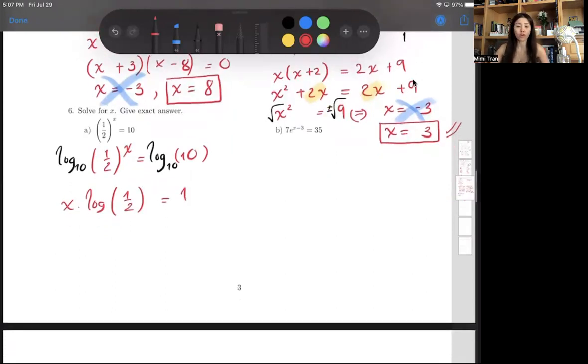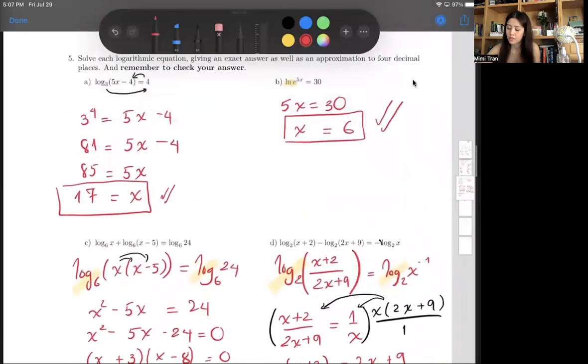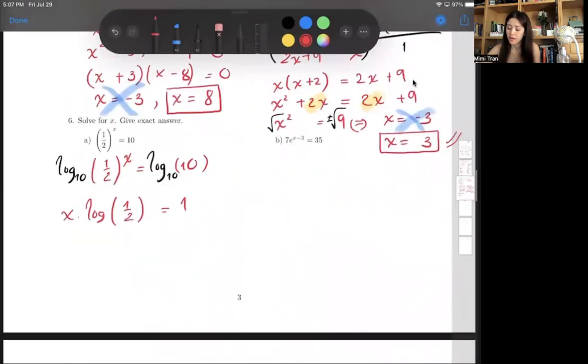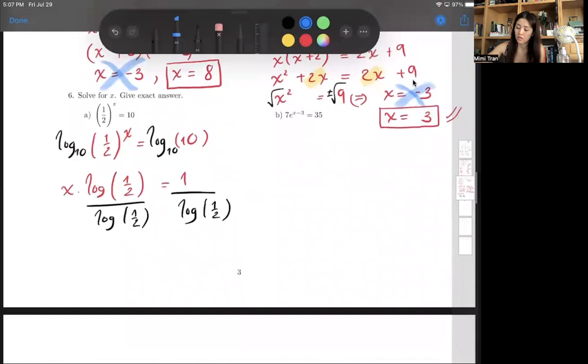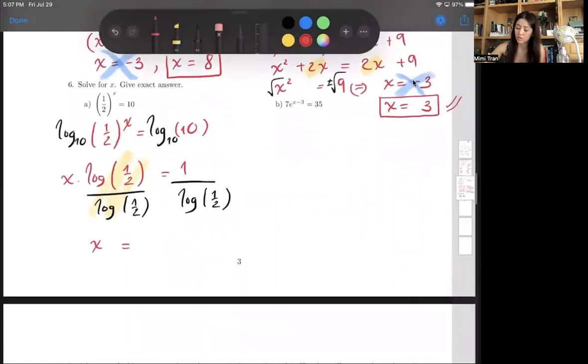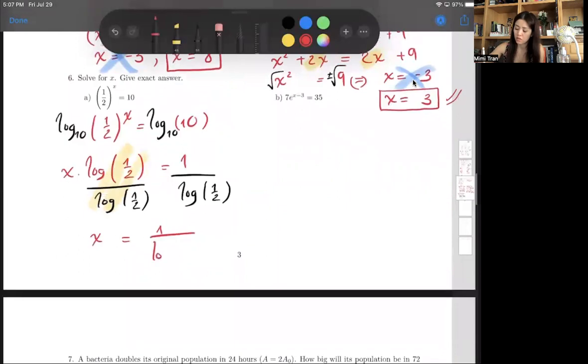I need to solve for x, so divide both sides by log 1/2. Cancel. So x equal 1 over log of 1/2.